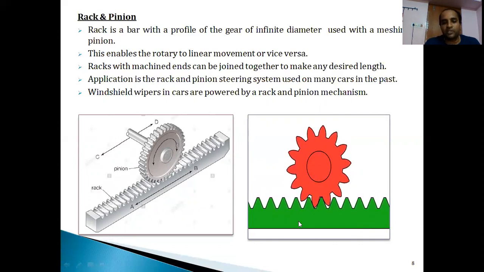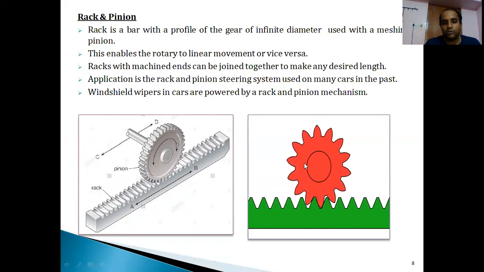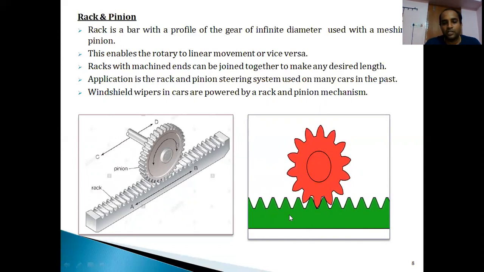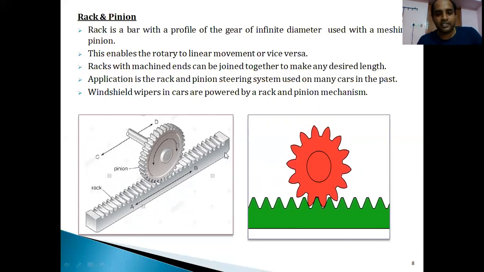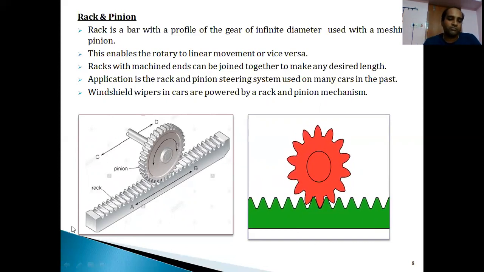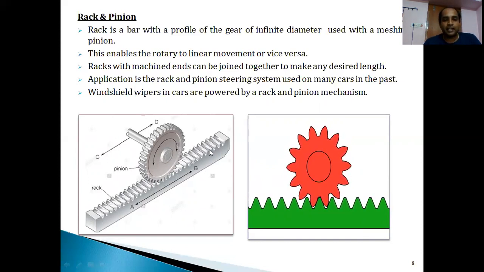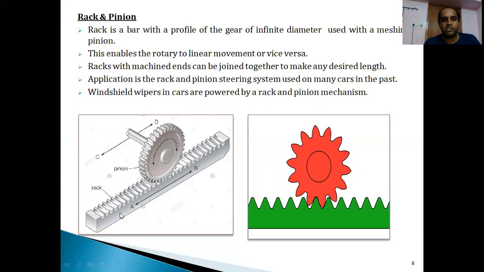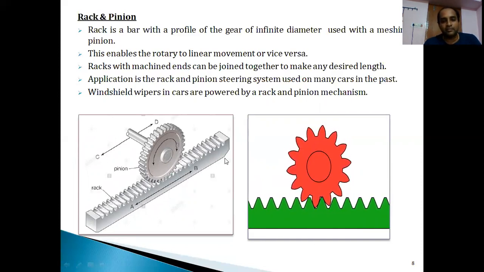This rack can move in both forward and backward directions very easily. That is why these racks are designed with machined ends so they can be joined together to make any desired length very easily.